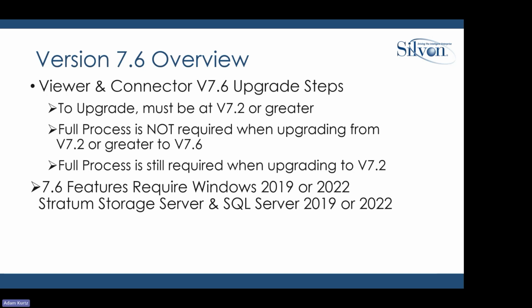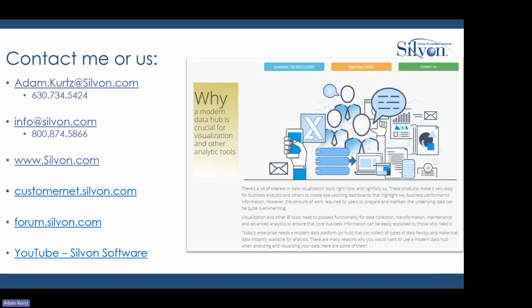The 7.6 version features require Windows 2019 or 2022. So the server that your Stratum interface is running on needs to be Windows 2019 or 2022, and your SQL Server also needs to be 2019 or 2022.